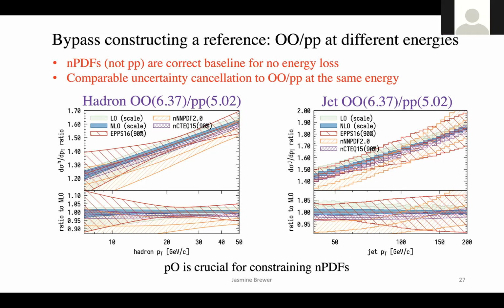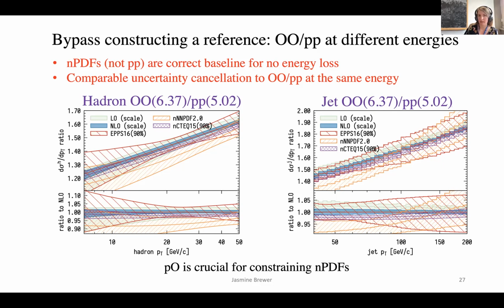What we want to emphasize is that this cancellation would be somewhat better if you took the ratio at the same energies, but even in this case, the scale uncertainties are very small compared to the nPDF uncertainties, and it's the same for the proton PDFs.